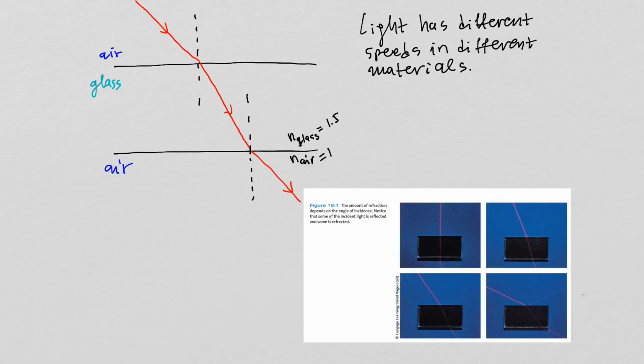The fastest speed is the speed in vacuum, which is 3 times 10 to the 8th meters per second. And then in denser material such as glass or water or plastic, the speed is slower. And due to that slowdown, the light rays bend towards the normal at the surface of incidence.